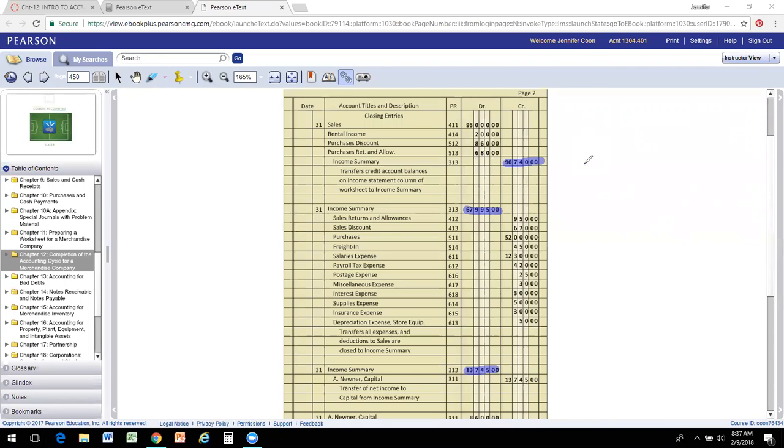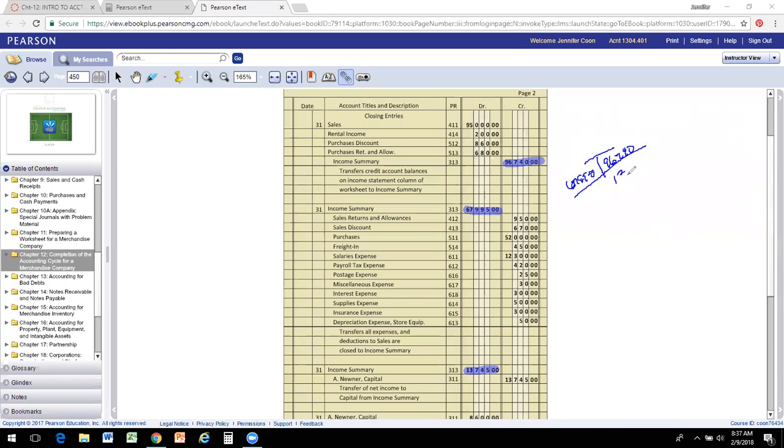If we did a T account for our income summary, we'd have that 96,740 on the credit side, and we'd have 67,995. So when you find the difference between those, the credit is larger than the debit.